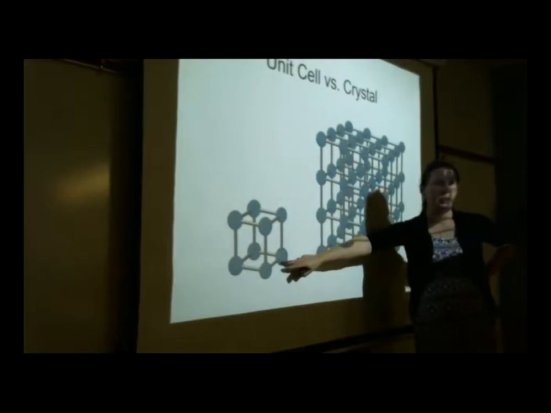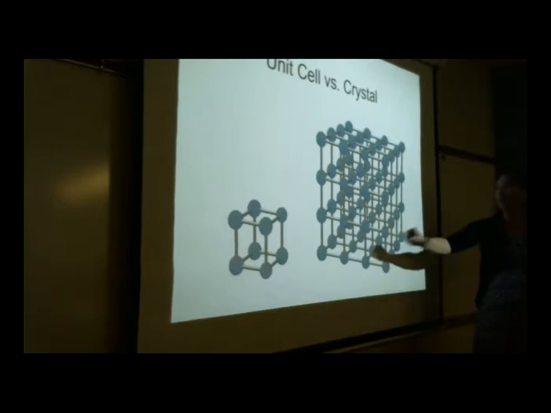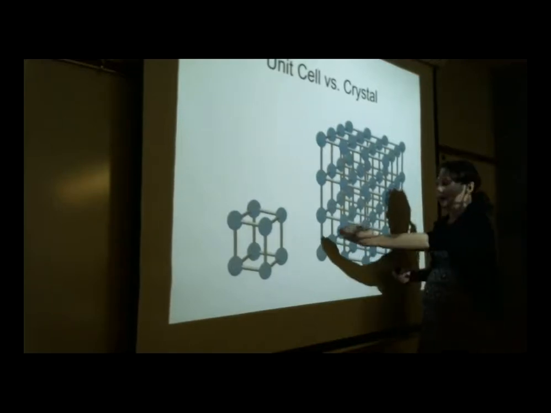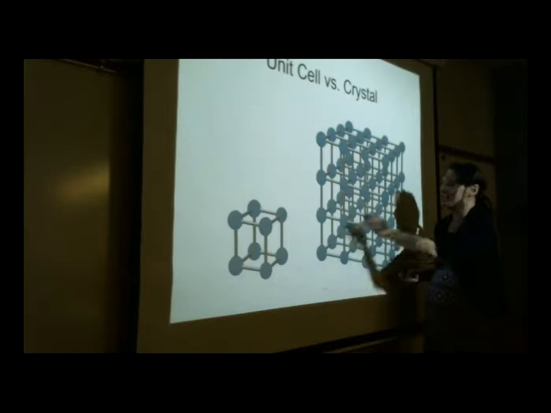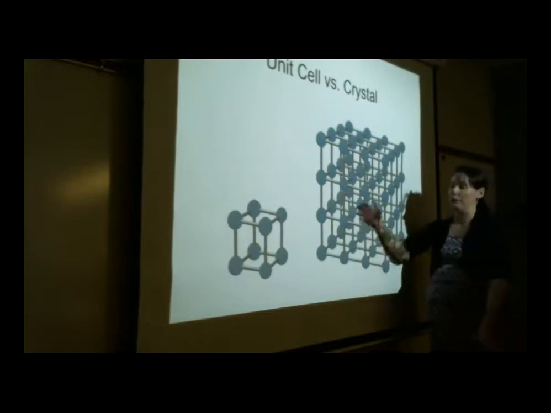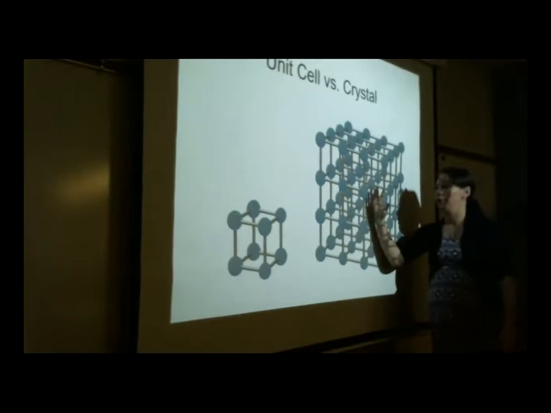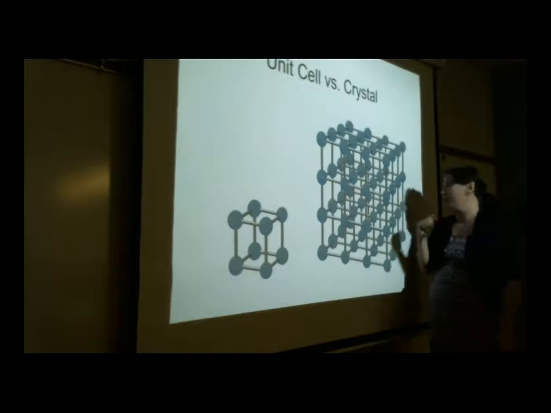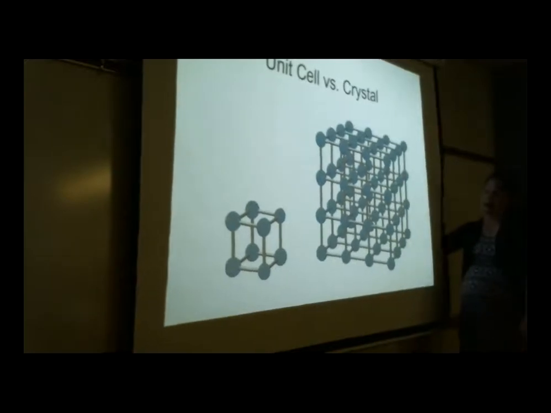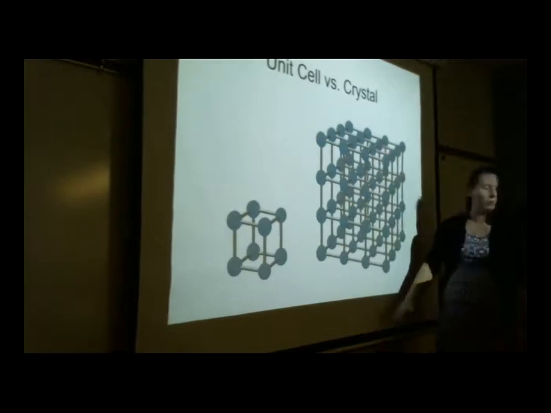So the smallest unit is the unit cell, and then the crystal is when you take that and you not only repeat it to the left and to the right, but you're also going to have layers coming forward and layers going behind. Okay, so if we were actually looking at a crystal, you'd have layers coming out of the screen towards you, you'd have layers going behind the screen, plus you'd have layers both up and down and left and right.